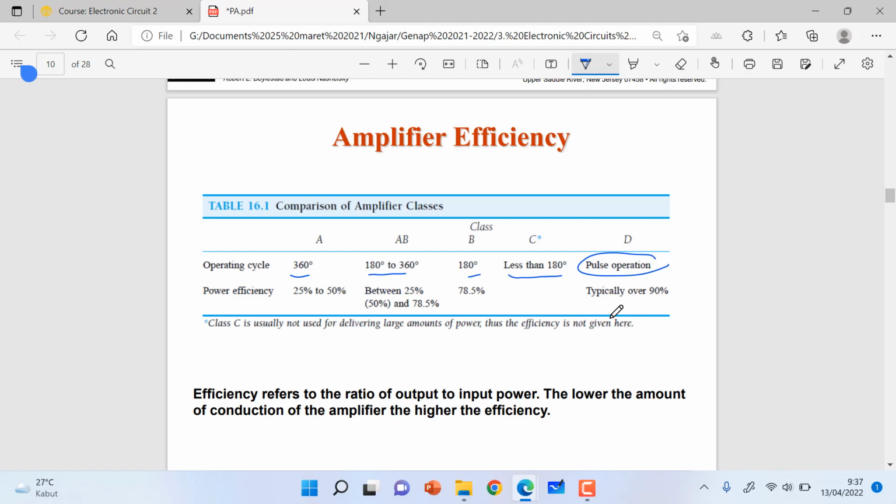For the efficiency, class A is between 25% to 50%, class AB is between 25% to 78.5%, and class B is 78.5%. Class D is typically over 90%, and class C is usually not used for delivering large power, so the efficiency is not given here.